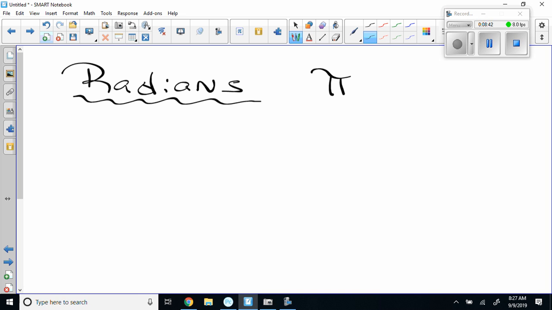Now, why is it that they're measured in pi? You can either talk degrees or you can talk radians. That's the two ways that you can measure an angle. Okay? So let's think about this. 360 degrees is a full revolution around a circle, right?